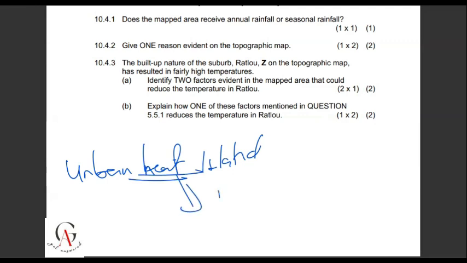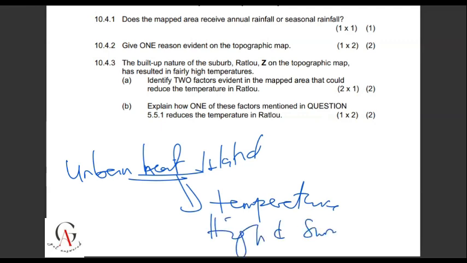What is heat? We're talking of temperature. And what about the temperature? We are looking at an urban area which has got a high temperature compared to the surrounding rural areas. You are done with an urban heat island. The moment you figure out that when we're talking about an urban heat island, we are worried about the temperature of an urban area being higher than that of a rural area, that is done.